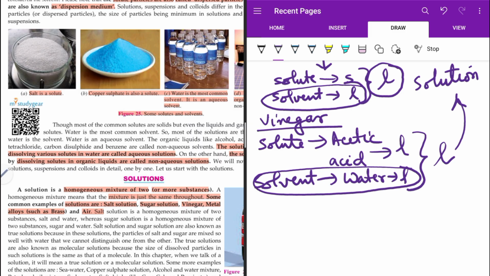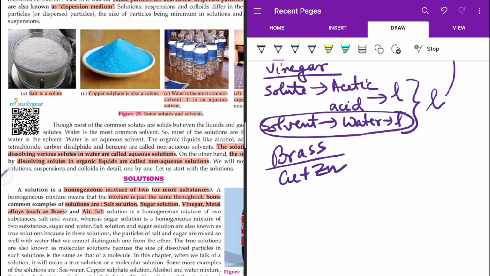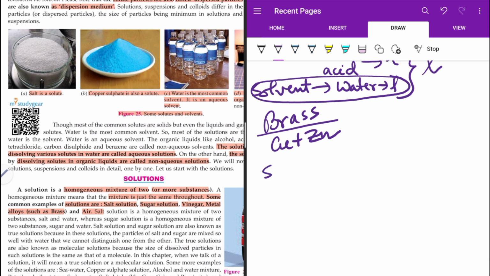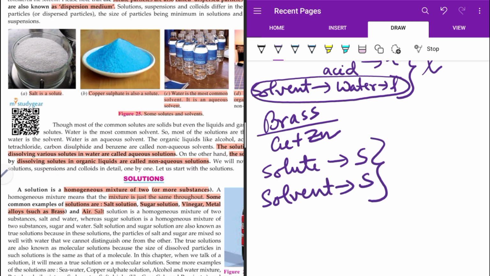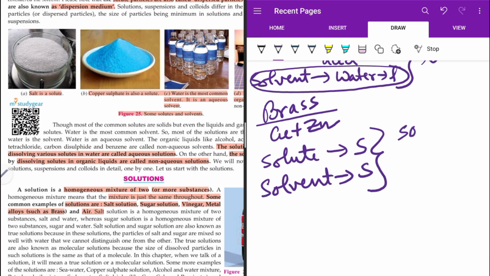But if I talk about brass, copper and zinc form brass, which we have seen in the previous module. The solute is a solid and the solvent is also a solid, and such a solution is known as solid solution, where the solute and the solvent both are in the solid phase.